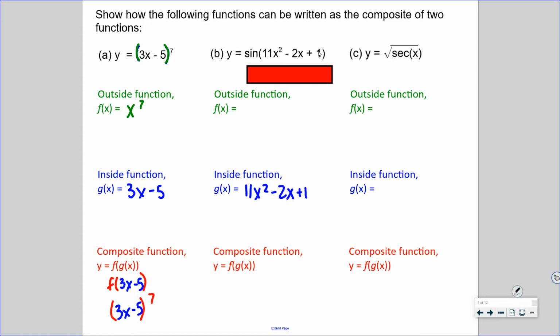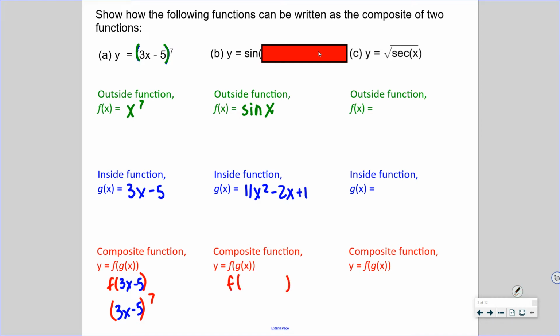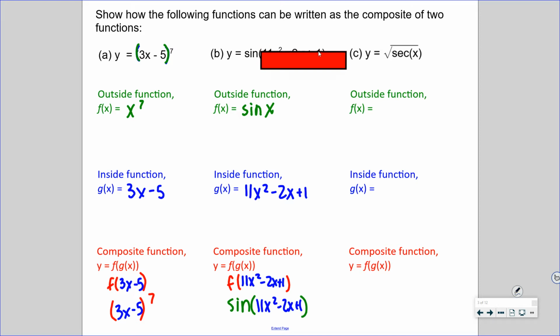And if I block that off to see what my outside function is, it looks like it's a sine of some value, x. So let's test this out, see if it works. If I take f of g of x, I identified g as 11x squared minus 2x plus 1. If I were to plug that into f, it would be the sine of 11x squared minus 2x plus 1. And that would work.